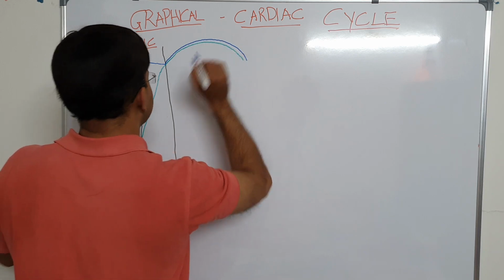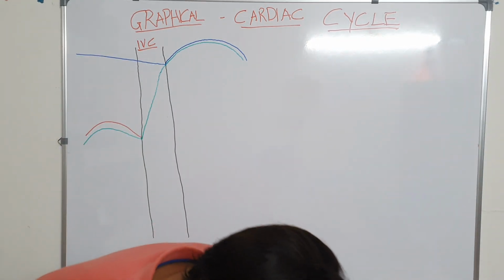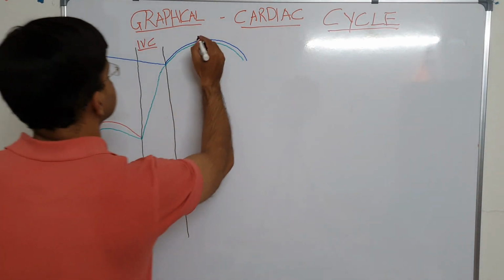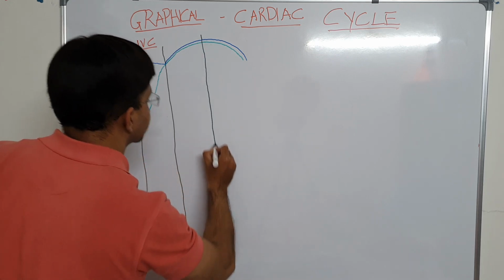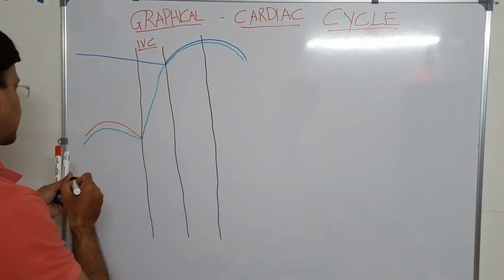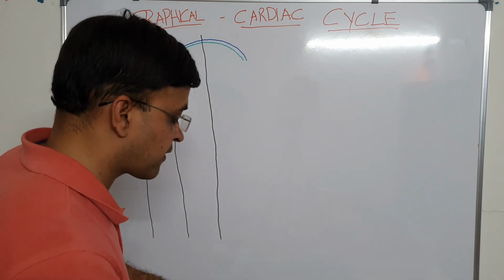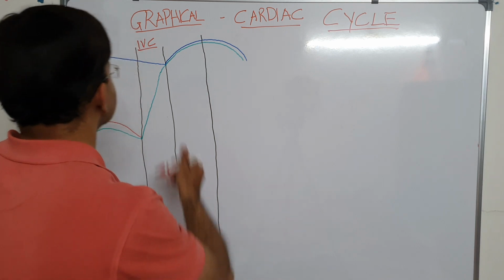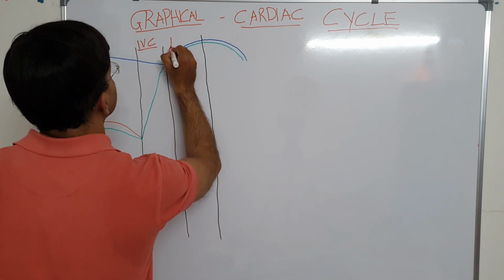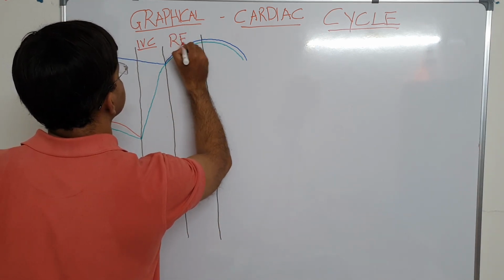Then after some time, there will be a decrease. This initial phase, where both the ventricular and aortic pressure keep increasing, is called our rapid ejection phase, right?